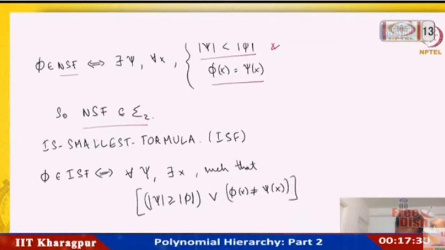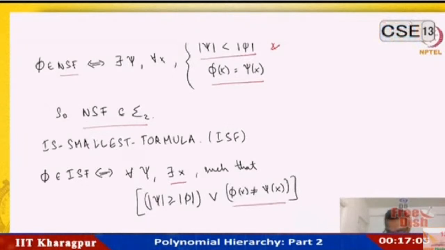So again, for all the psi, there exists x such that either psi is bigger, or there is an x such that phi and psi are not equal at that x. So the second part, the red underlined part, ensures that they are not equivalent.